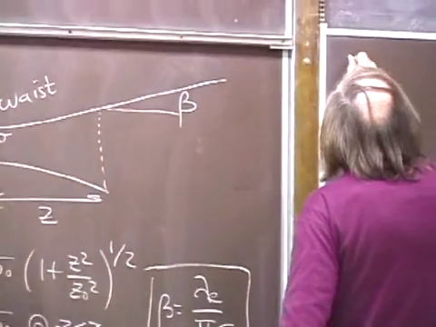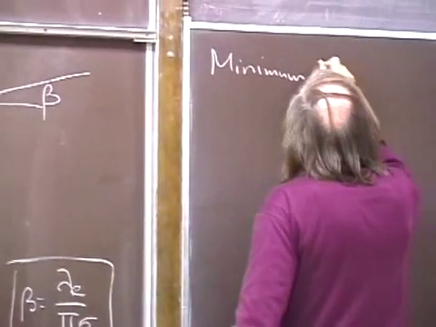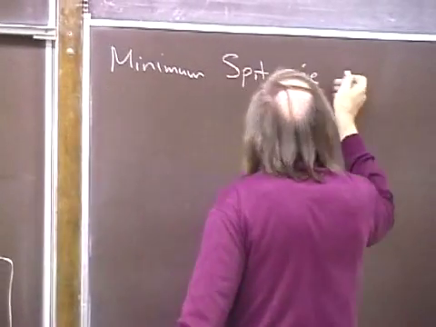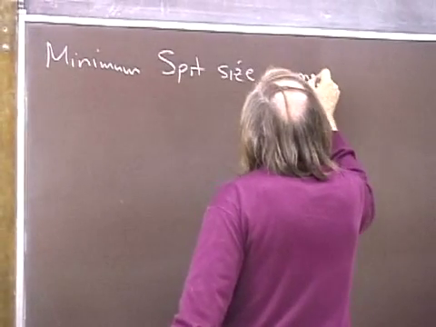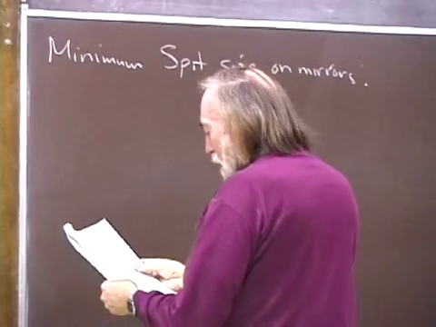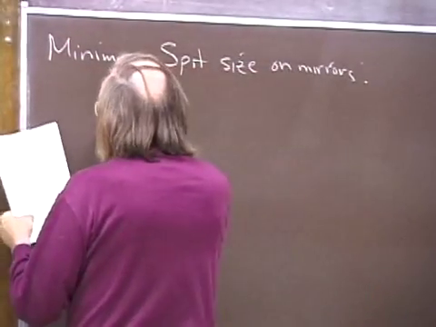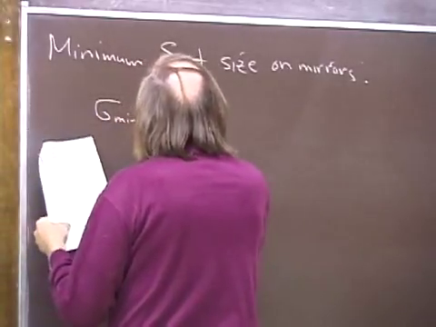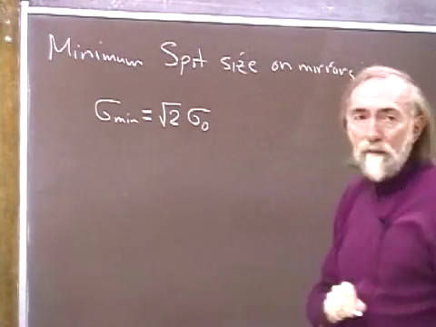So for the minimum spot size on mirrors, this is an exercise you can go through just with the math that I've got there. The minimum spot size on the mirrors, sigma min, corresponds to an optimization where you have spread only by a factor of square root of 2 from the center.